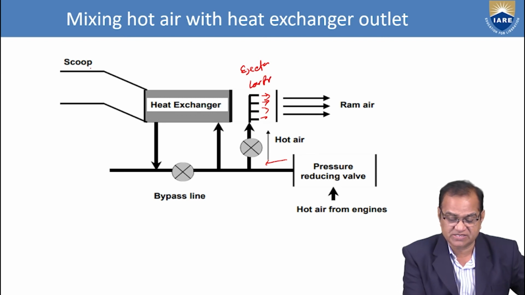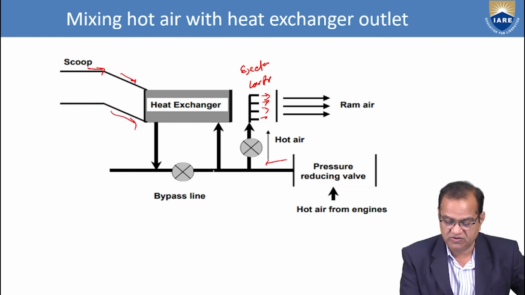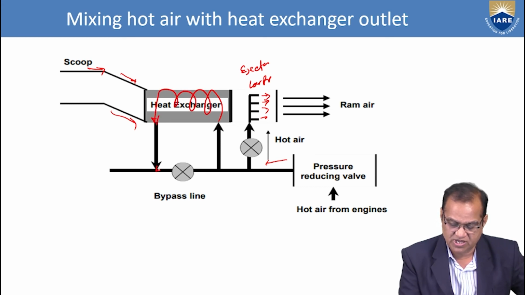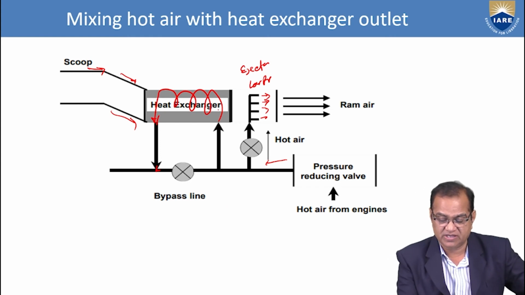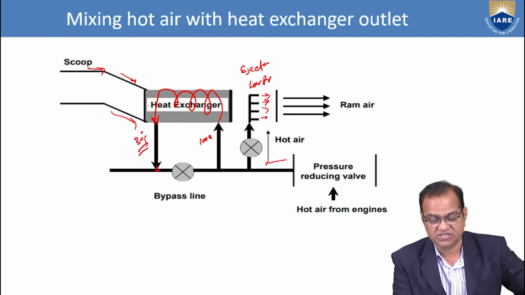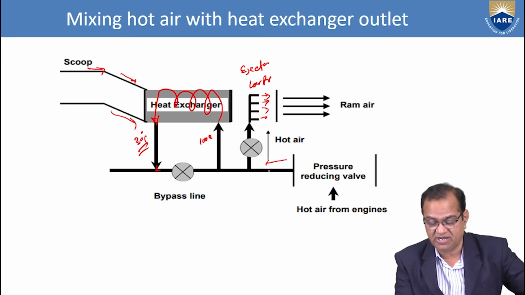This low pressure air is coming from here and going through the heat exchanger, and it is again going to a different line. So here, if this is 100 degrees centigrade, here you may get 30 degrees centigrade.